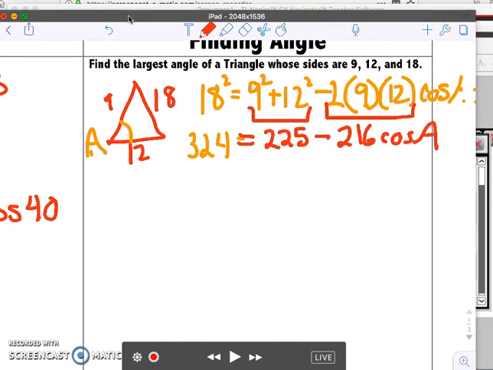And now most people here, they like to subtract 225 minus 216, but if you were to solve an equation, 324 equals 225 minus 216x, you would subtract the 225. So this is similar to that. We're going to subtract the 225.